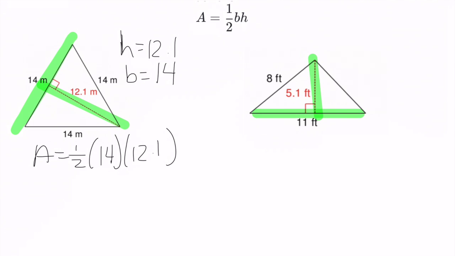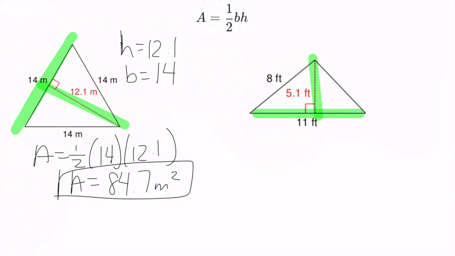Plugging in the same things every time, getting into a groove so that this becomes second nature, will give us an area of 84.7 meters squared.